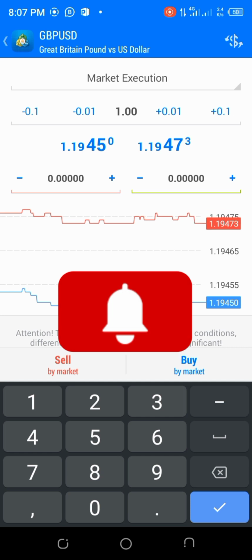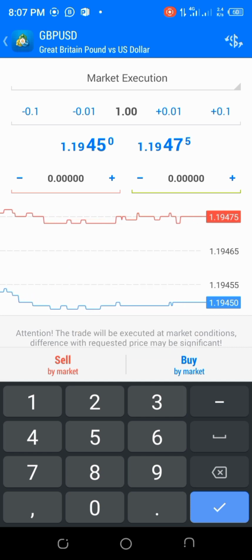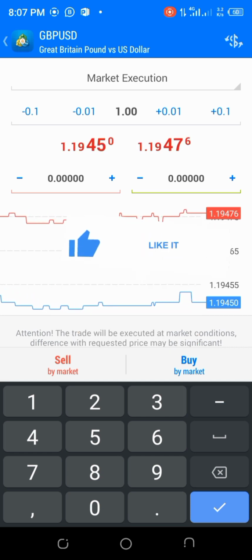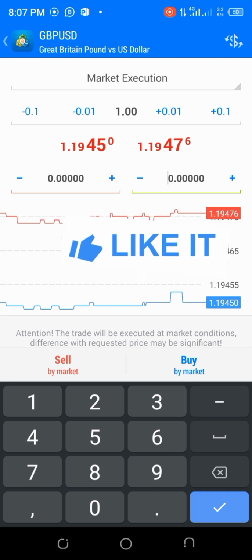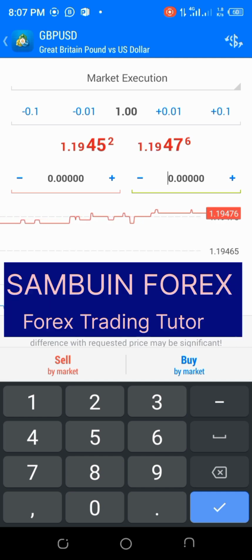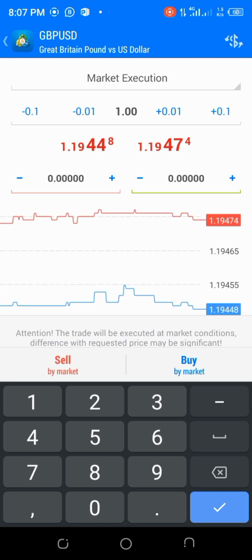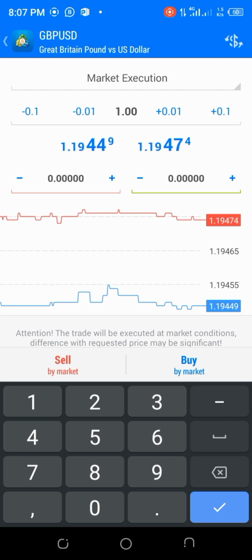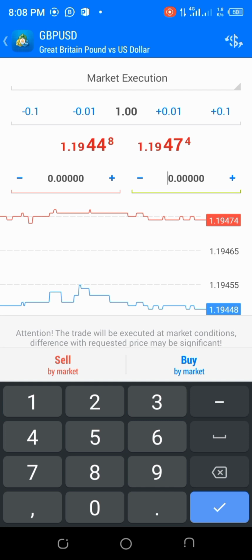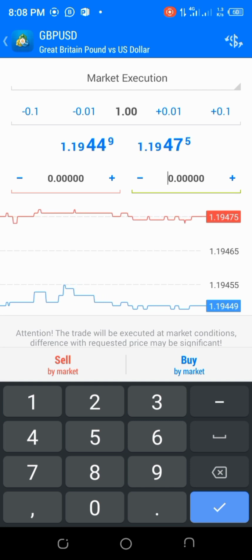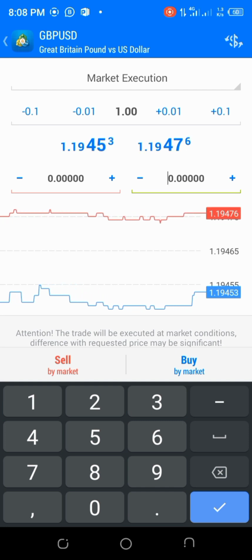Let me take it over again. For this standard loss size of 1, a pip move is $10. It means that for a 10 pips move you are going to have $100, for a 100 pips move you are going to have $1,000, and for a 1,000 pips move you are going to have $10,000. Yes, that is it.